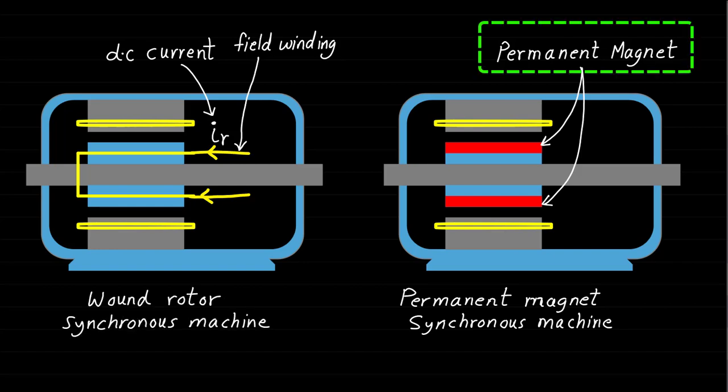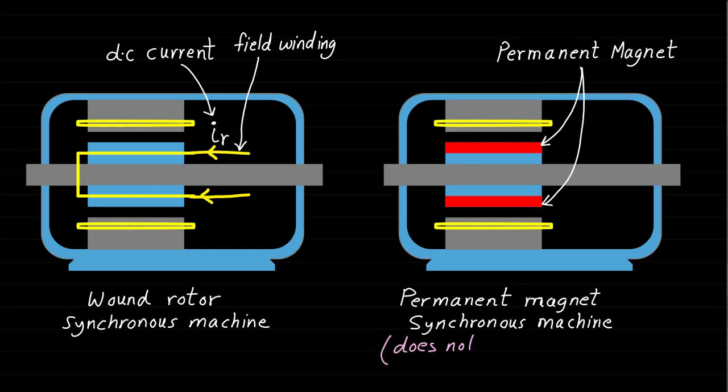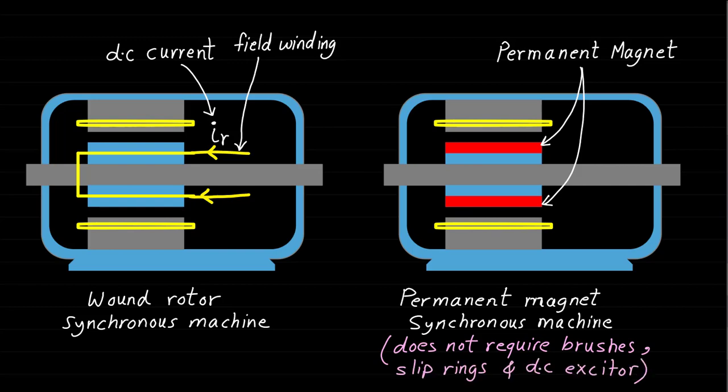Basically, the permanent magnet of the rotor will produce the main magnetic field of the machine. Note that the permanent magnet synchronous machine does not require brushes and slip rings and DC exciter.